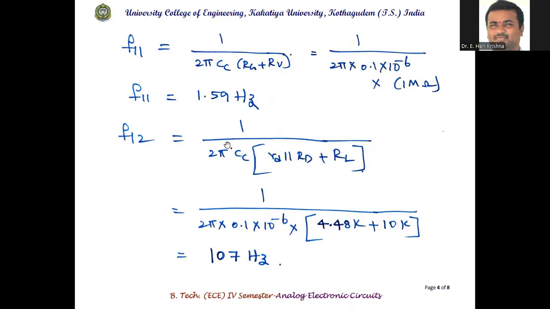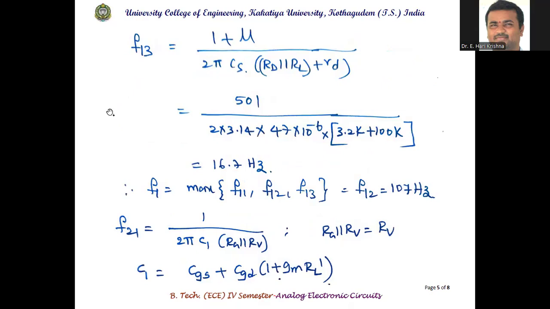Then F12 is equal to 1 by 2 pi Cc (small rd parallel with the capital RD, plus RL). So substituting here, 1 by 2 pi, Cc value is 0.1 into 10 power minus 6. rd parallel RD is 4.48K. Load resistance is 10K. The computation leads to 107 Hz. This is F12. Similarly, F13 is equal to (1 plus mu) divided by 2 pi Cs (RD parallel RL plus small rd).